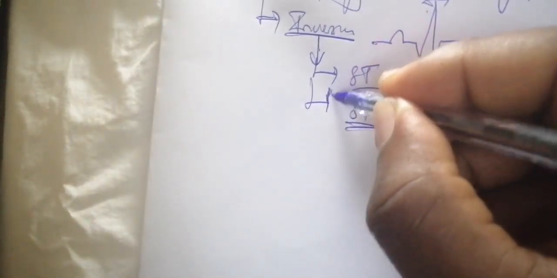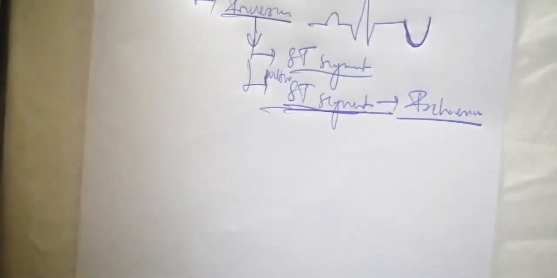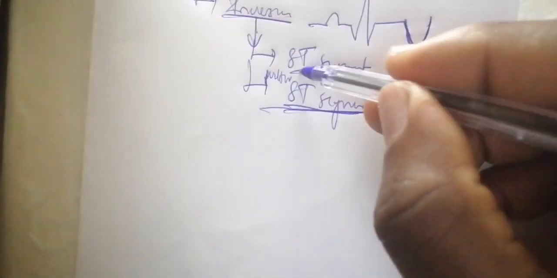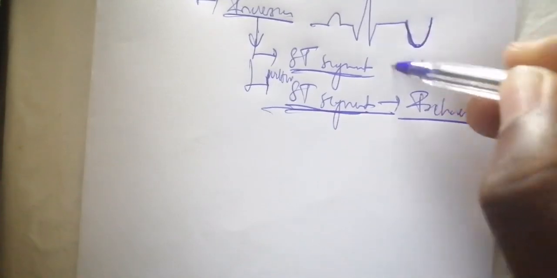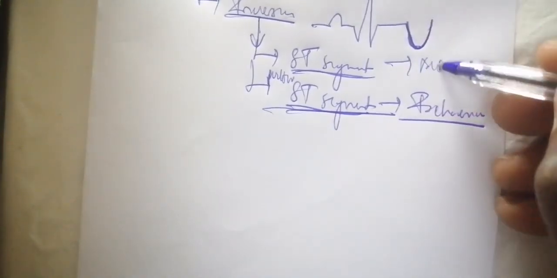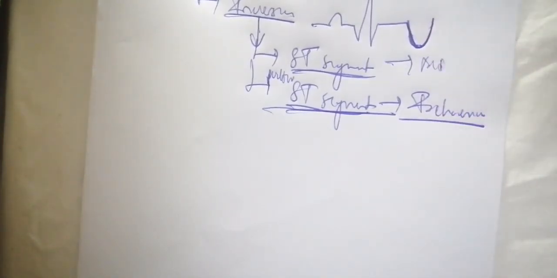Now, if you have an inversion of the T wave without ST segment elevation, it means that there is an ischemia, but not a myocardial infarction. But if you have an ST segment elevation and an inversion of the T wave, it means that it is a STEMI, an ST segment elevated myocardial infarction.